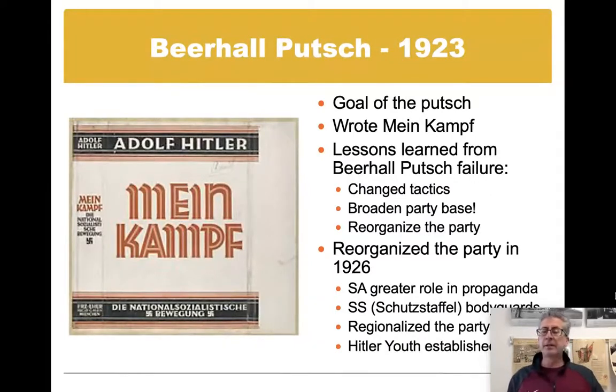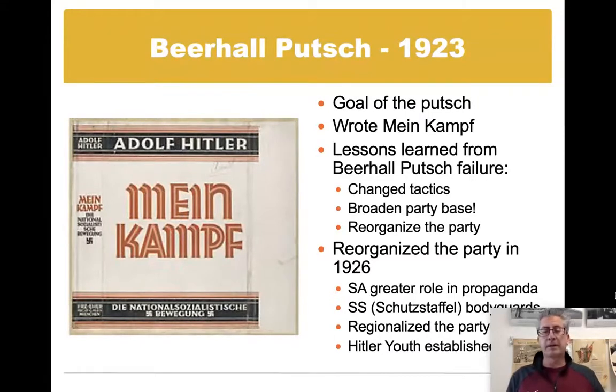They need to broaden the party base and bring in more of the German middle class, which is lacking right now. And then reorganize the party as well, and Hitler is going to find a way to secure his position even more as the leader of the Nazi Party.